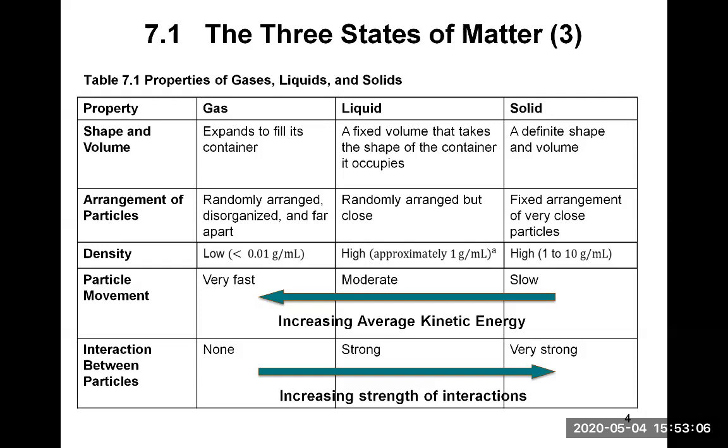And so that's why you have a solid when you have strong intermolecular attractive forces and low kinetic energy. So these two properties, average kinetic energy and strength of interactions, there is a balance between the two, and that determines if you have a gas, a liquid, or a solid at room temperature for a given substance.